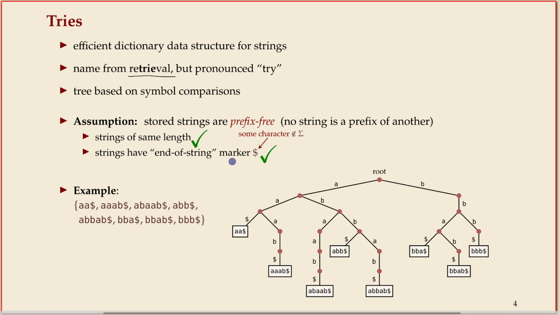The other option is we append this end of string marker, and we'll use this dollar again. Again, something you've seen before in Unit 6. Just an arbitrary convention. But when you append this character to all the strings, you ensure that there's no prefix that occurs anywhere earlier.